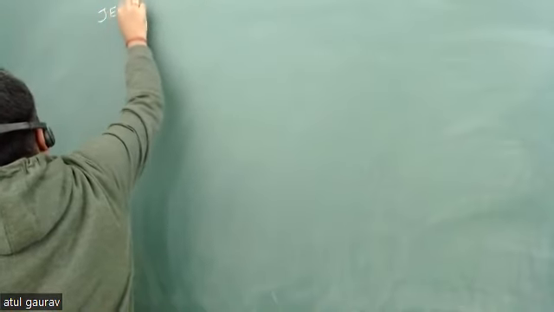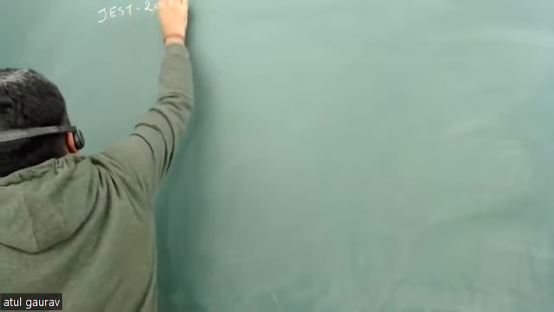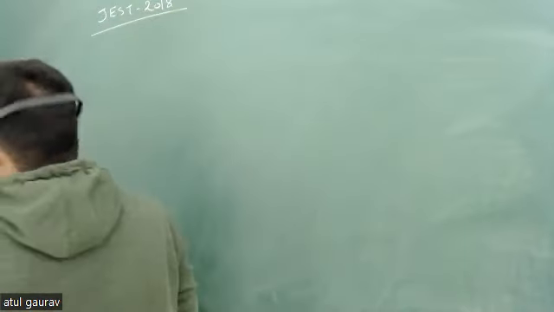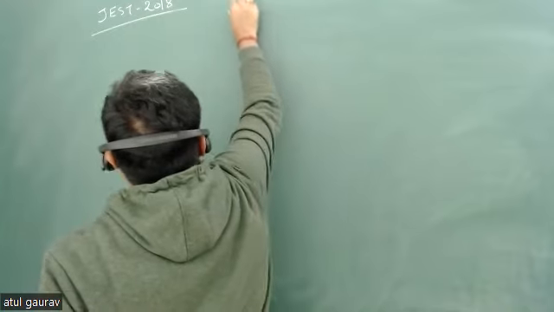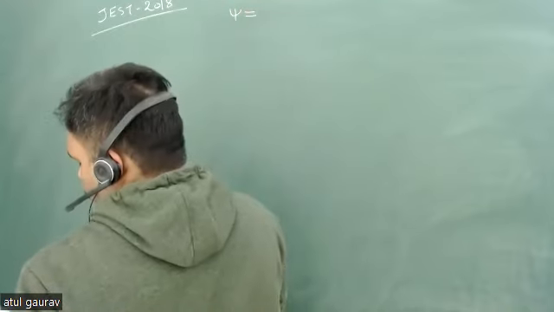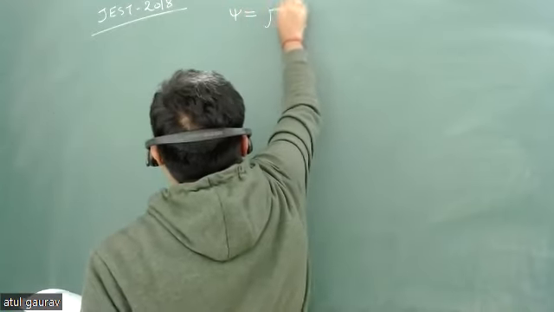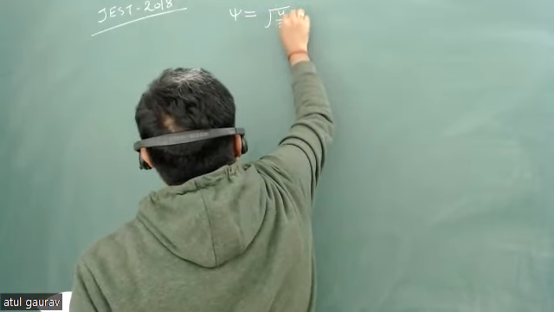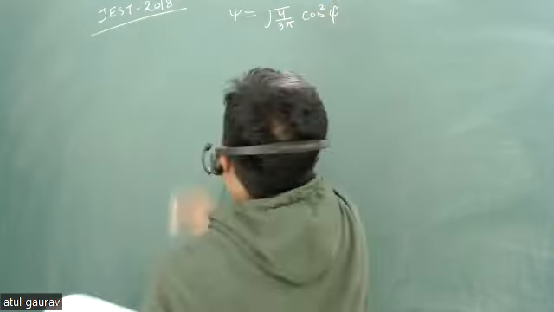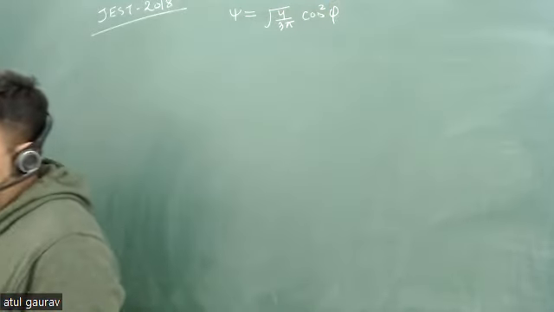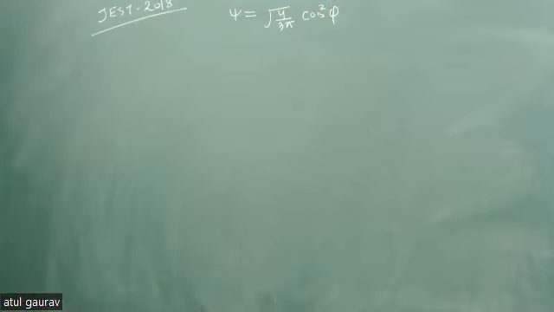JEST 2018. Wonderful problem. This problem is that psi is given as 4 upon root 3 pi cos square phi.